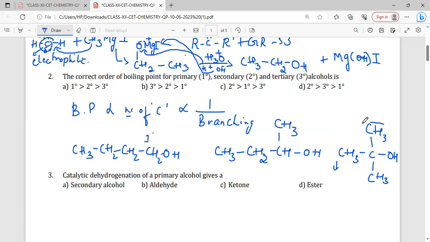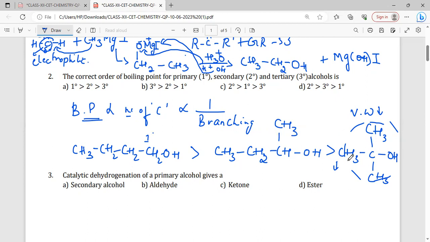As the surface area decreases, obviously the van der Waals force of attraction also decreases. As the van der Waals force of attraction decreases between the molecules, we're breaking fewer forces of attraction, so your boiling point also decreases. So the boiling point order should be: primary alcohol has higher boiling point than secondary, which has higher boiling point than tertiary.